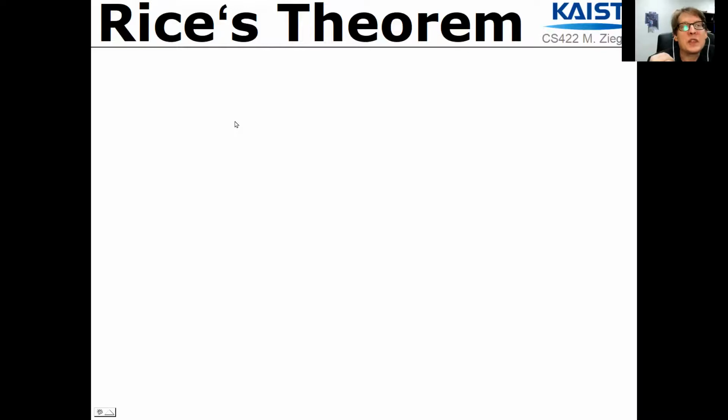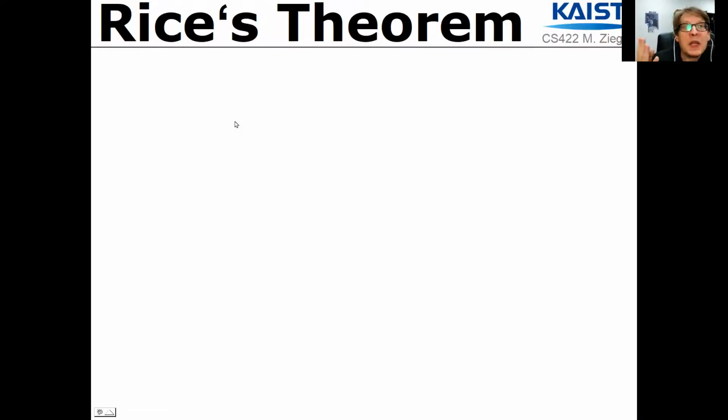And what does it mean for a semantic property to be non-trivial? It means that the property is not always true, which is a semantic property, right? Modifying a while program does not change the property which is always true. And the other trivial semantic property is the property which is always false.